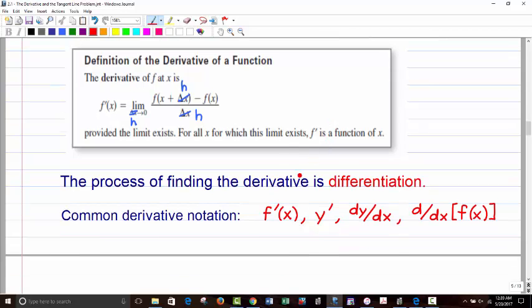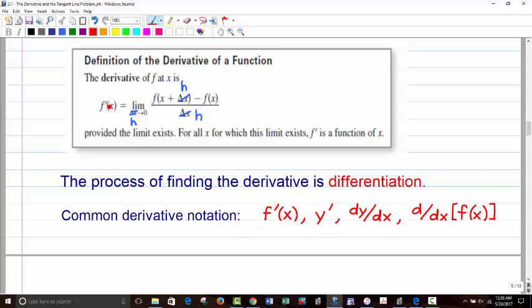Now there's different kinds of notation. You want to be able to recognize all the different kinds. It's not like it's a question you would have to answer on a test, at least I wouldn't ask, name different forms of the derivative notation. You'll see me use a variety of these. F prime of x is fine.